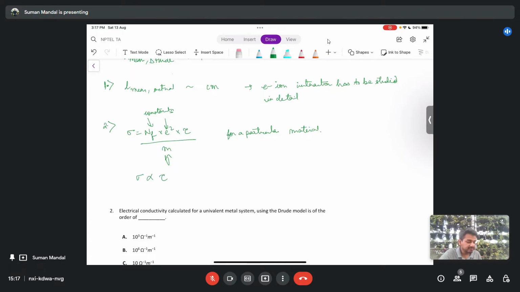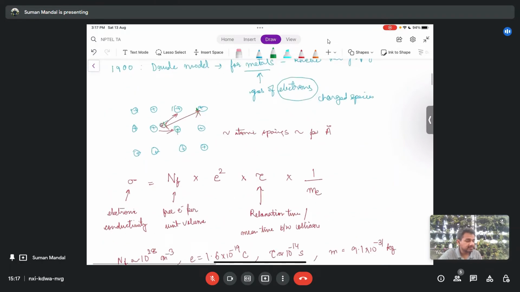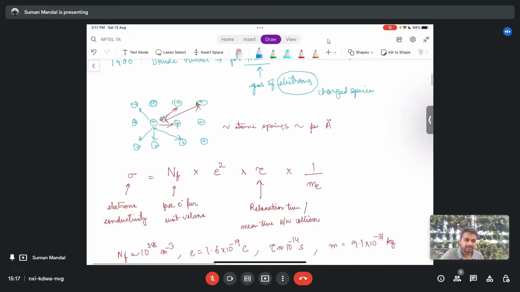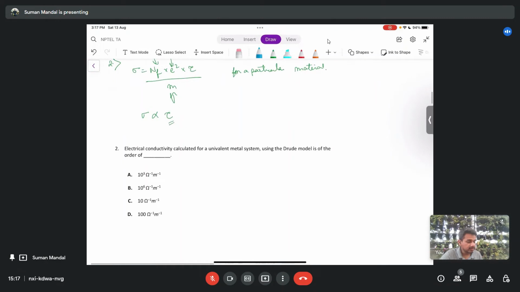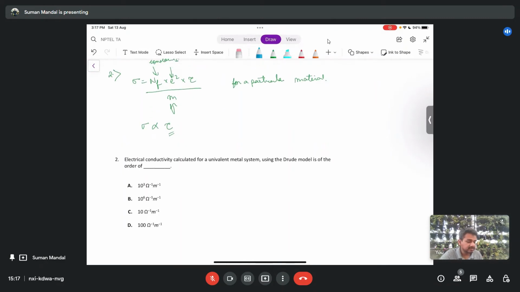Now the way we define tau is that if there is a lattice of atoms, this is the time required for an electron to move from here to here, or in another direction, here to here. So there is no reason for this time to depend on temperature, because the distances between them are fixed. However, it was found that sigma depends strongly on temperature.